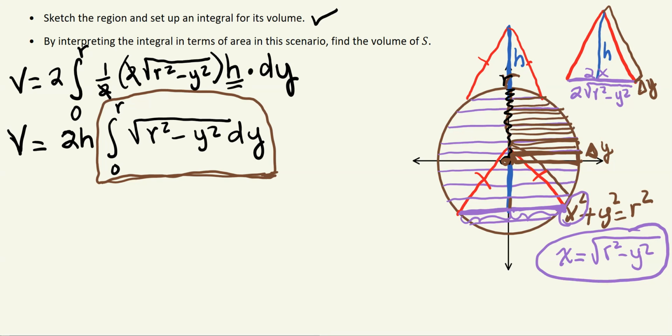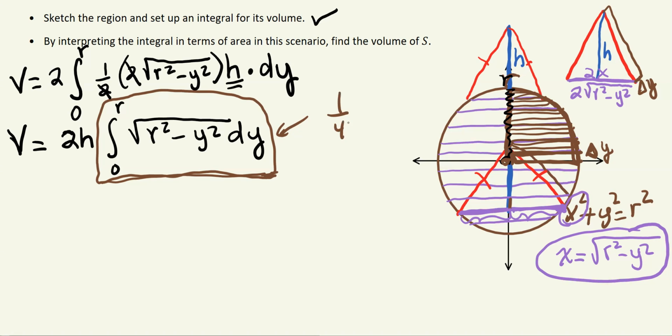And when we sum up a bunch of these rectangles from 0 to R, what do we have? Area of a quarter of a circle. Look at that area, this area right here, right? A quarter of a circle. So that integral right here really is a quarter, not a half, a quarter of a circle.